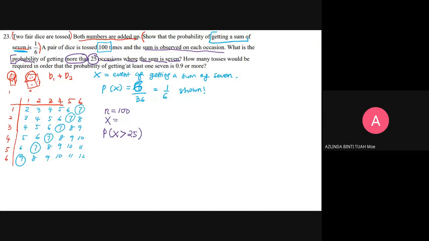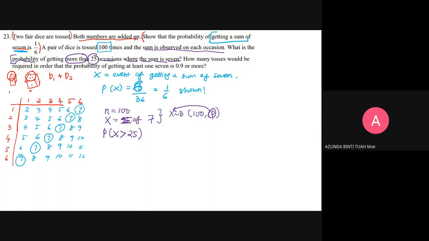Event akan berada selepas nombor. So sum of 7. Simbol sum. Okay, jawab soalan. Ini kita dah decide dia adalah binomial. Jadi tulis notation binomial dulu. 100, P. P adalah probability untuk event kita berlaku. Balik kepada event. Apakah event?